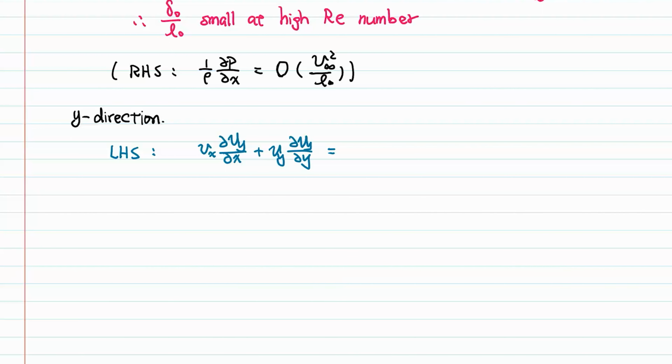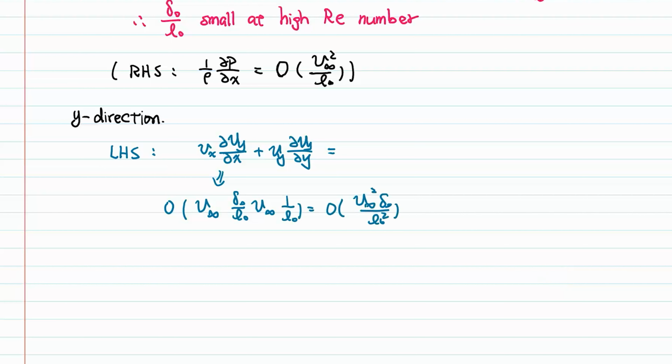This would be on the order of v infinite, and previously we already wrote down that Vy would be on the order of delta naught over L naught v infinite, times 1 over L naught. So that's the order of v infinite delta naught square over L naught square.